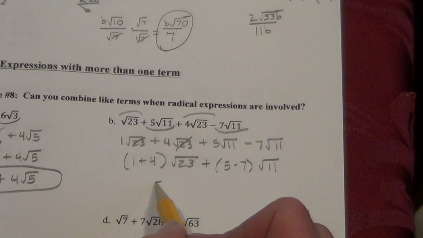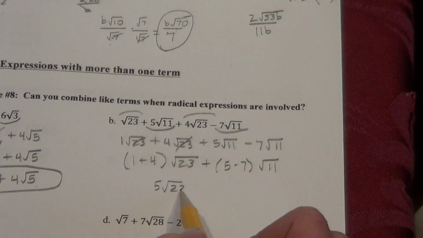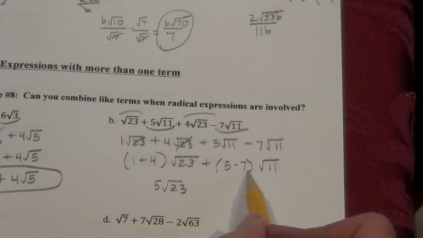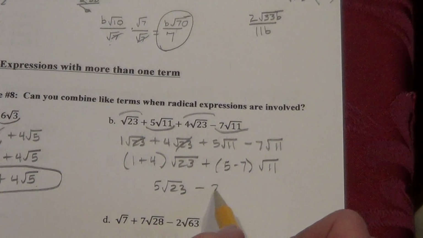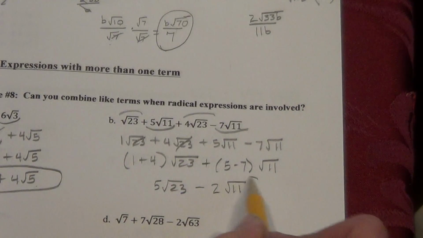So 1 plus 4 would be 5 radical 23. And 5 minus 7 is a negative 2 radical 11.